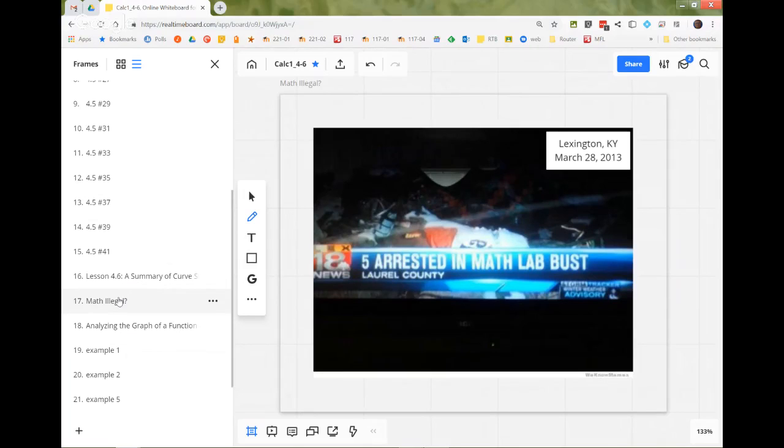Talk about the dangers of spelling wrong. 5 arrested in math lab bust. Is math illegal in Kentucky? Obviously, that was supposed to be a meth lab. Anyway, I just thought I'd share that with you. The person who made the spelling mistake did not want to be identified because it was too embarrassing. So anyway, just so you know, math is not illegal in Kentucky.